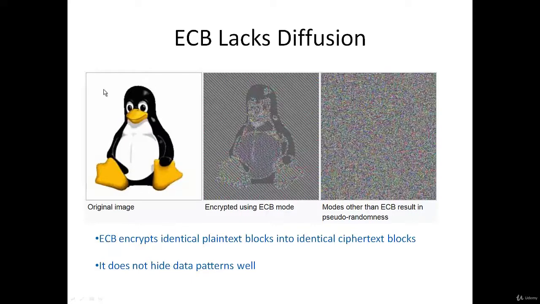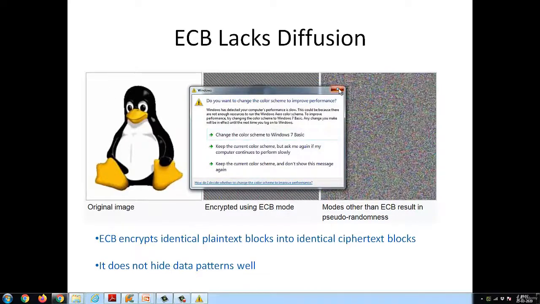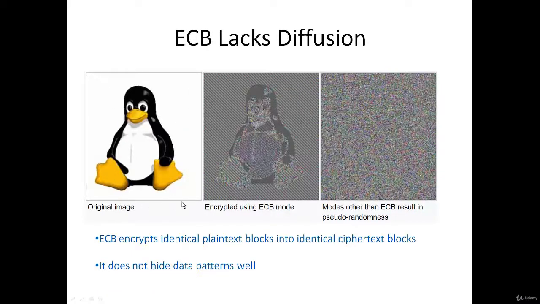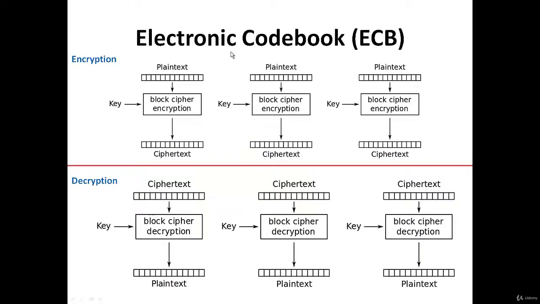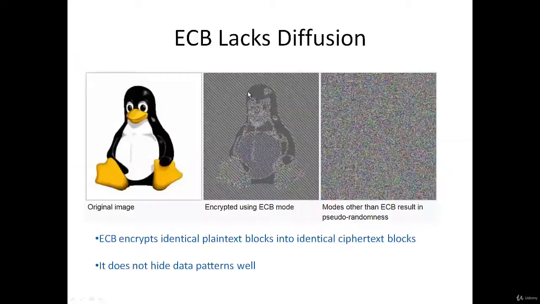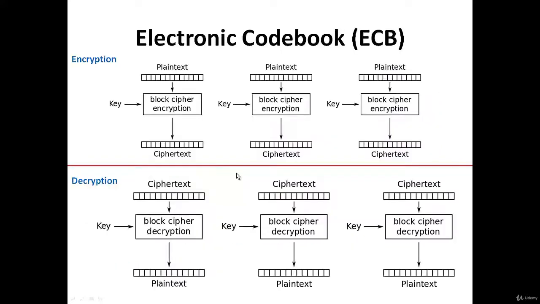One example we can see here is the original image, where each pixel has certain values. Once this image is encrypted using block cipher in electronic code book mode, in spite of encryption we can still see that patterns are visible. This is because for the same value of input, we get the same output.